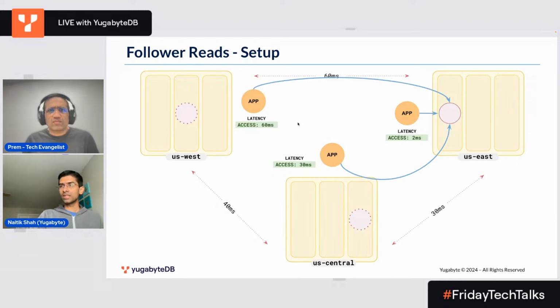This is still the same example, showing you that the app is trying to read from the US East, where the tablet leader is, and the app in US West is incurring 60 millisecond latency, and the app in US Central, in this case, is going through 30 millisecond cross-region latency. That's because reading from the leaders gives you the latest consistent data.